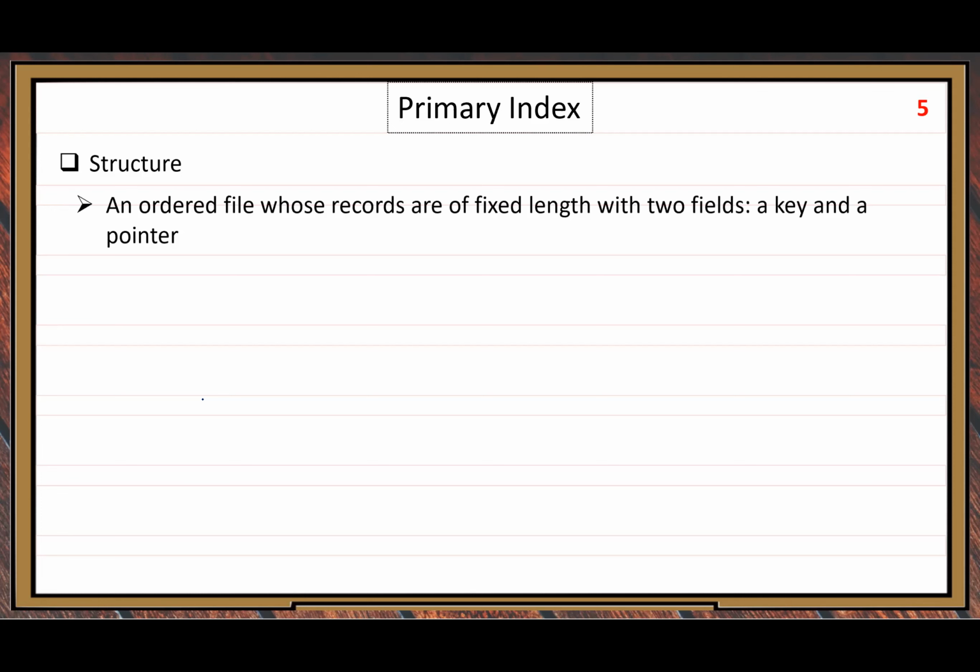All right, an ordered file whose records are of fixed length with two fields. Here we are talking about the index entry structure. Each entry has a key and a pointer.